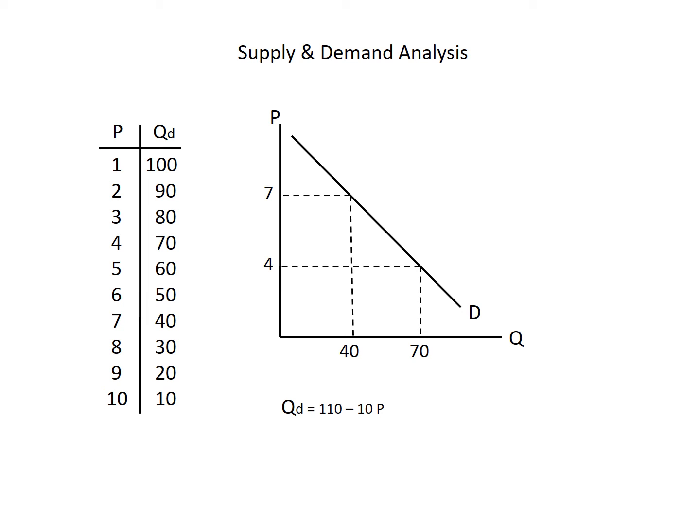The equation Q sub D equals 110 minus 10P indicates that the demand curve is going to intersect the Q-axis at 110. When the price is 0, therefore, according to this equation, the quantity that will be demanded is 110 units. Although that's a little easier to envision than a negative quantity supplied, it's still just as unrealistic.